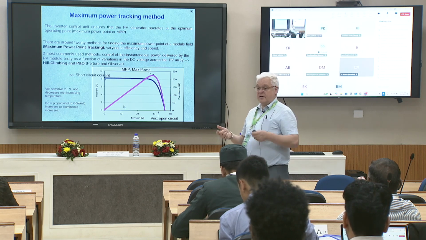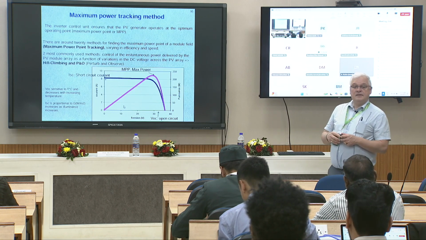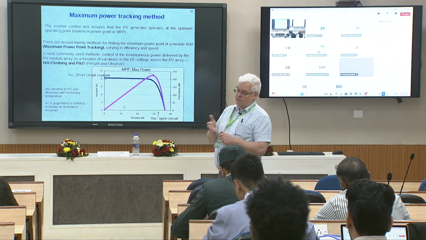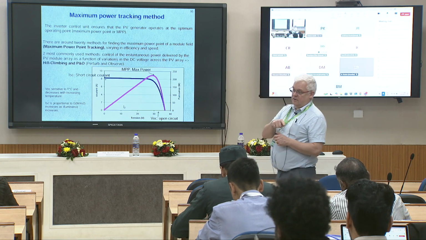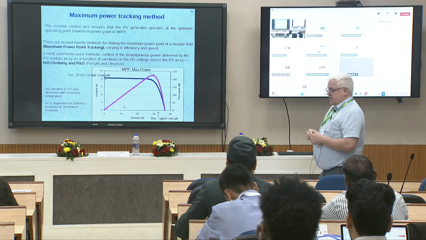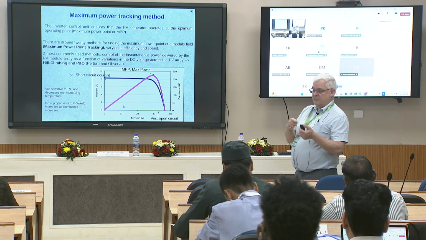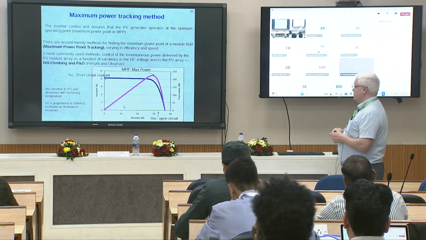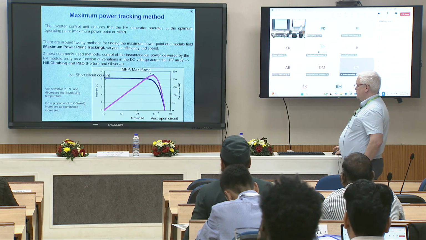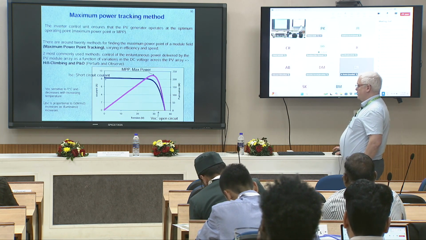If the new power is lower, that means the optimal value of the voltage is lower, so it decreases the voltage and looks at the power generation. Of course, it is very fast, and it is using the hill climbing method.